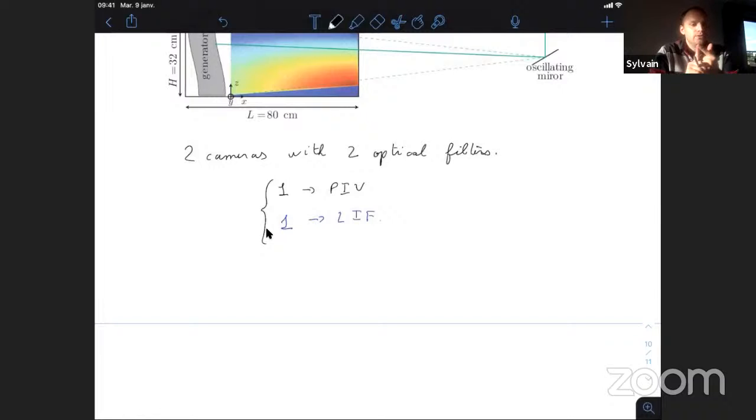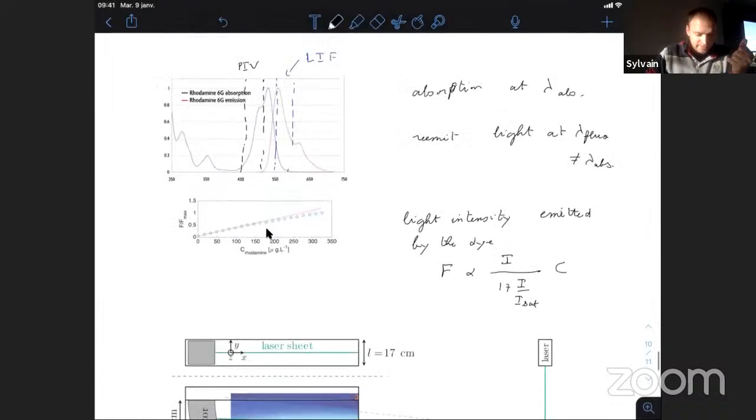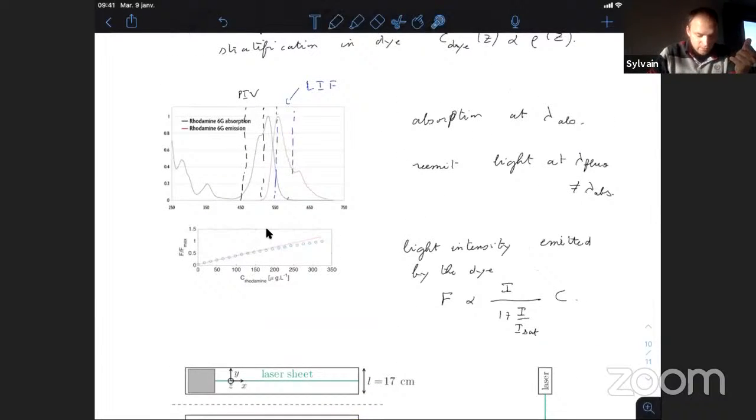If you use the laser sheet, the particles will diffuse light at 532 nanometer, and the dye will emit light at another wavelength.